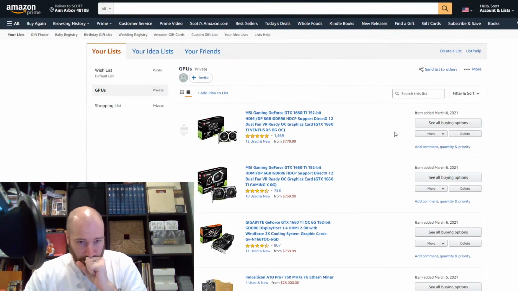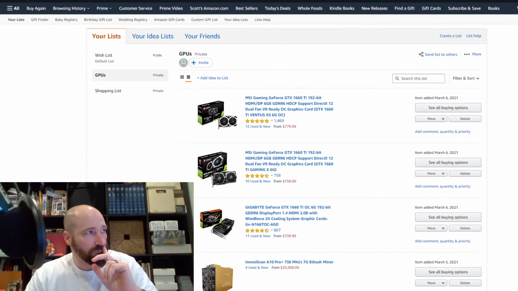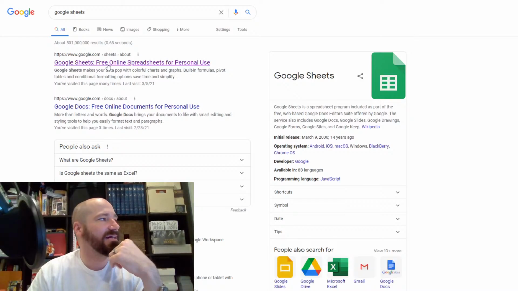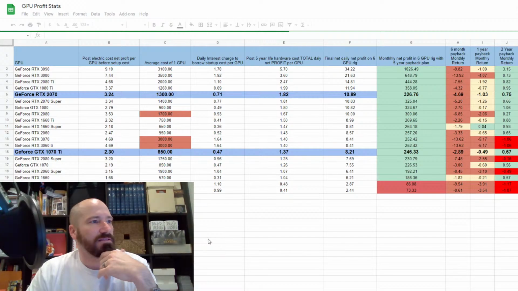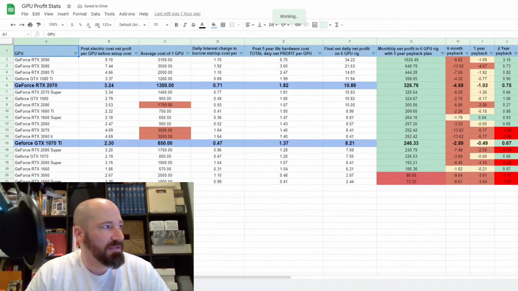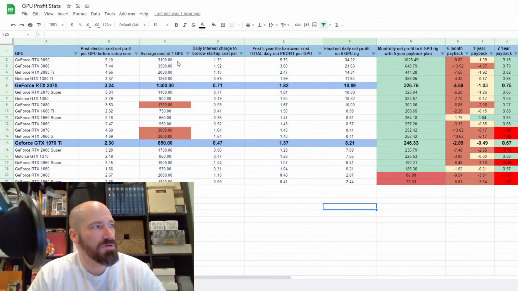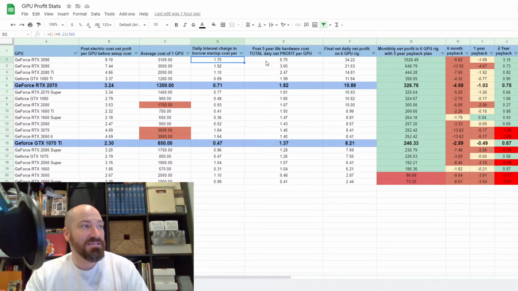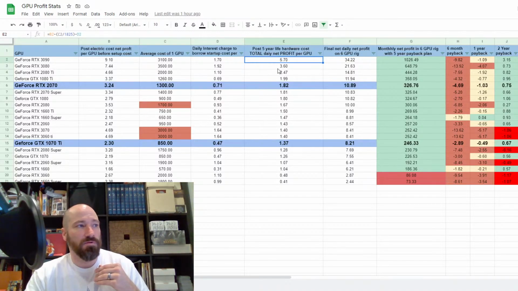Okay. So I created a list, guys, that uses a little calculating algorithm to look at profitability of cards by computational profitability, electrical costs, the cost of the GPU, the daily interest of borrowing the money off of a credit card at as much as 20%, a 5-year payoff period, and then daily return with all those assumptions.